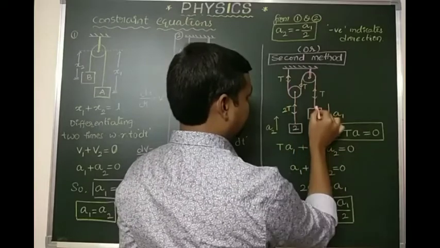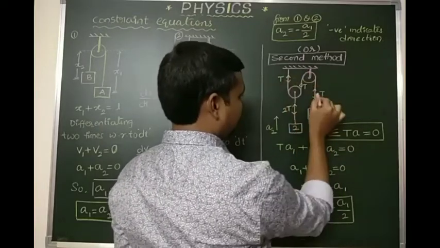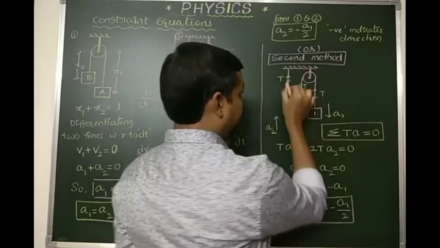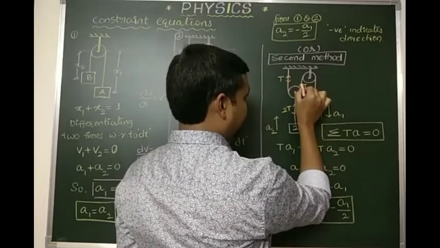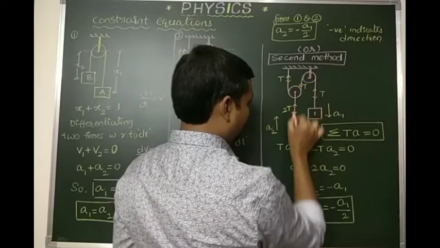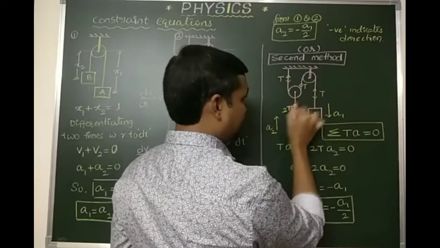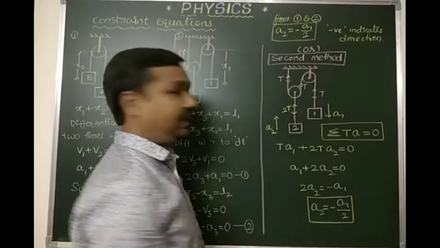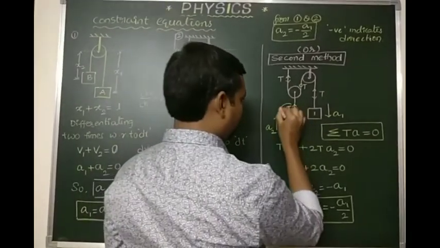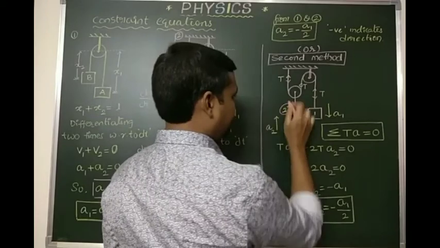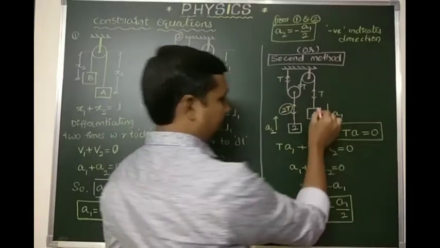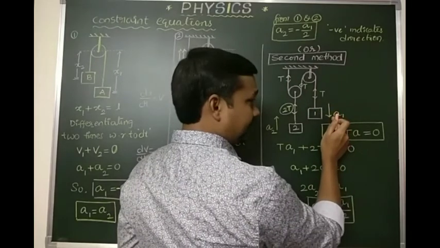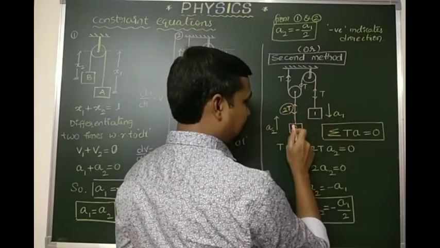This is tension T, this is tension T, and this is also tension T. Here tension T is in the upward direction, and here tension T is also upward. Combined together, 2T will be the tension. So the tension in this string is 2T. Here the tension in the string is T. Tension times acceleration.